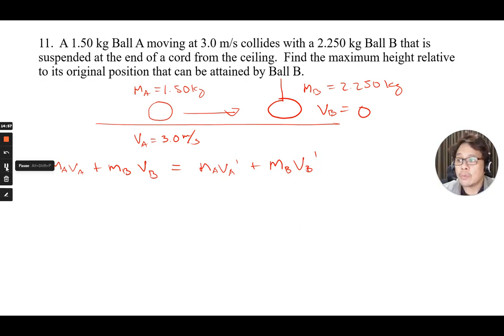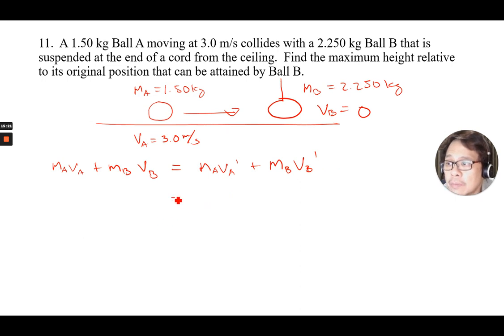We are going to set up this equation first. Now the problem particularly says, what is the maximum height? The maximum height will be attained when you have ball A transferring all its momentum to ball B. So it stops, because all of its momentum is transferred.